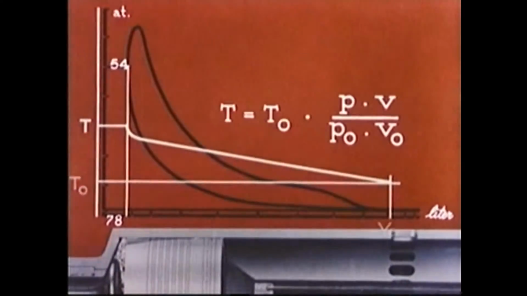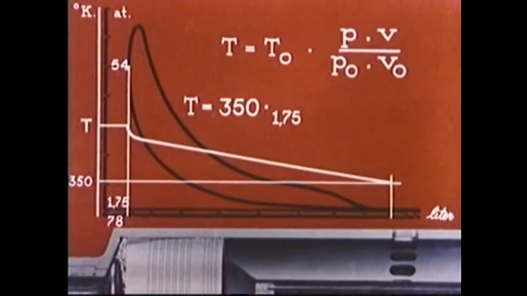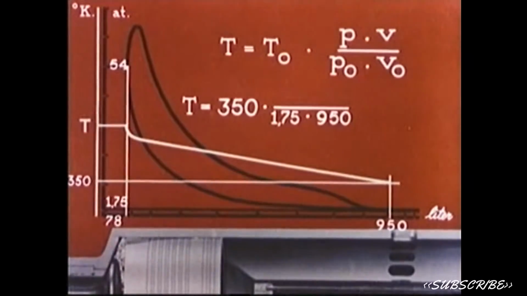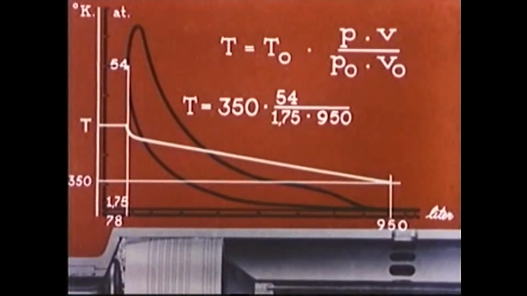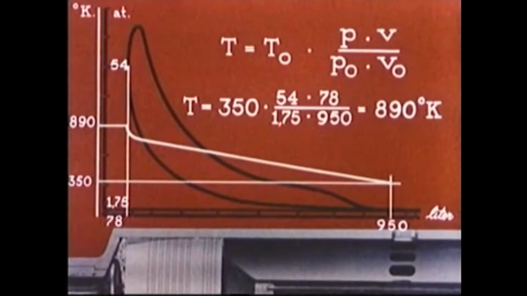Substituting the initial temperature, 350 degrees Kelvin, the initial pressure, 1.75 kilograms per square centimeter, the initial volume, 950 liters, the pressure in top position, 54 kilograms per square centimeter, and the compression volume 78 liters, we find the temperature to be 890 degrees Kelvin.